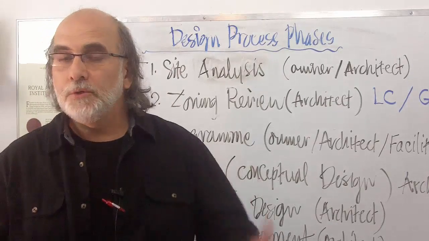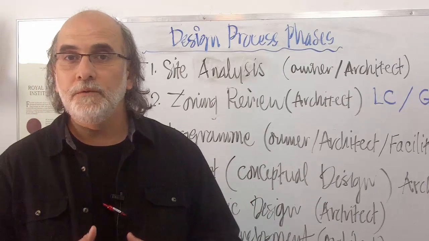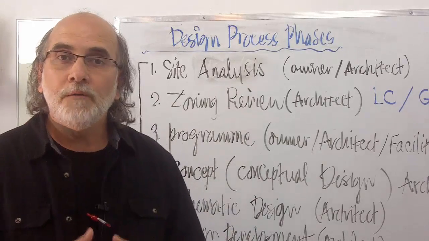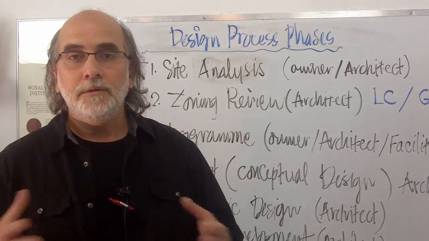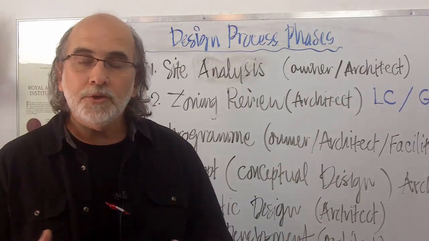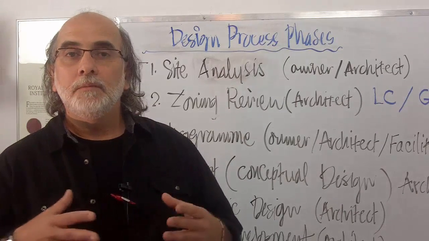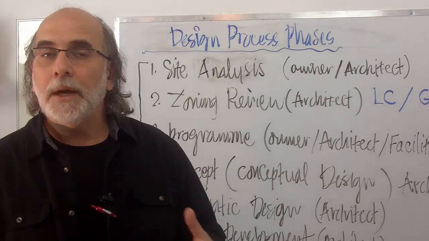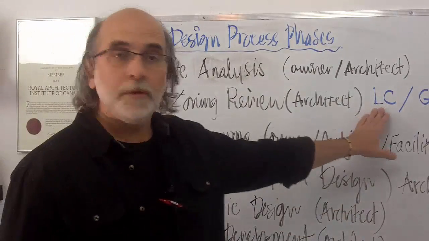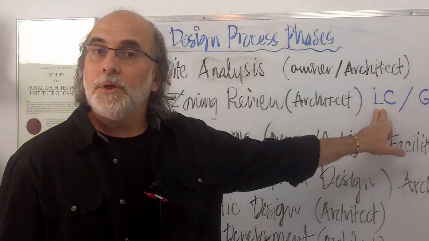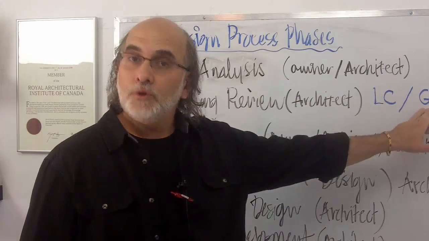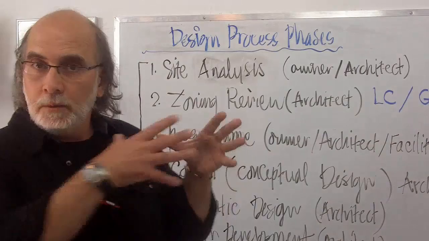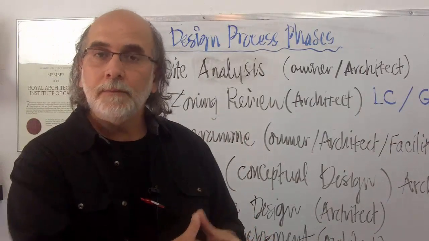So to recap, zoning review is the review of the bylaws that govern a certain area in the town or the city or in the village, and those zoning bylaws or regulations deal with how much building you can build on the ground floor or on the main level, and how much total square footage you can put on that particular land.